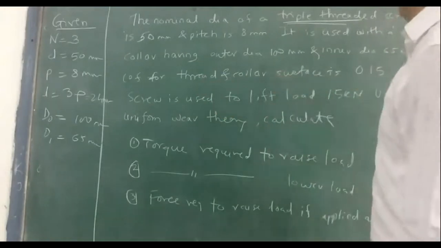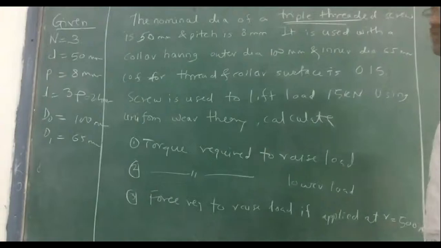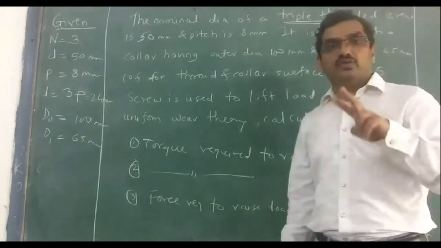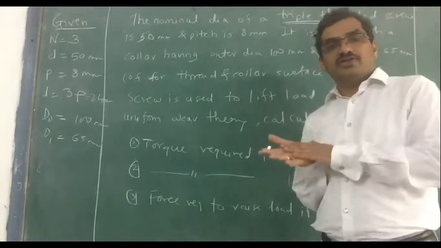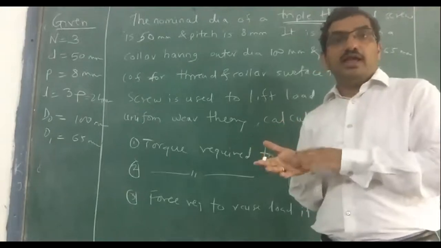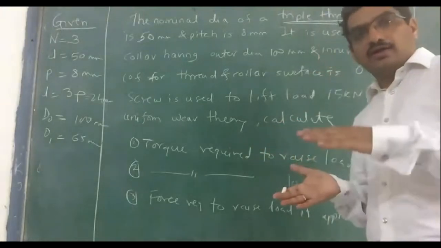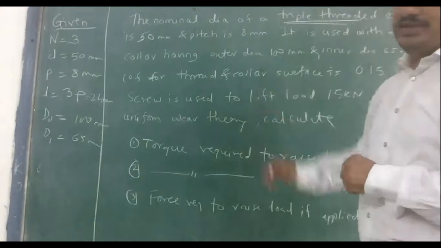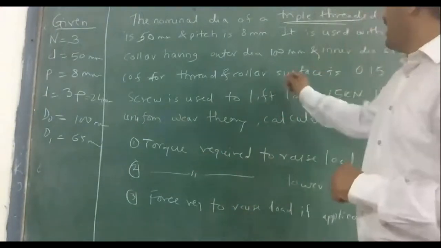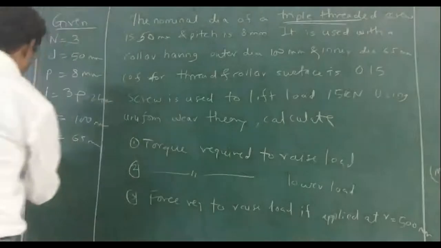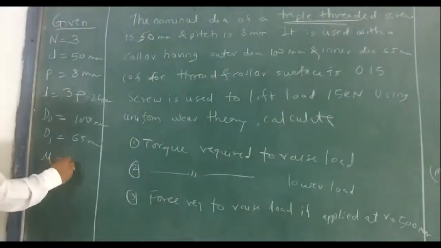Now they have given the coefficient of friction for the thread. As I said, there are two places where there will be friction: one between the surfaces of the thread, and one between the collar and the cup. For both it may be different, and if it is different you have to use different values. But here they have given mu for both of them, and it is the same, that is 0.1.